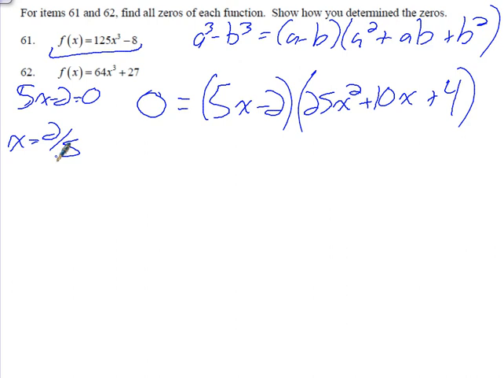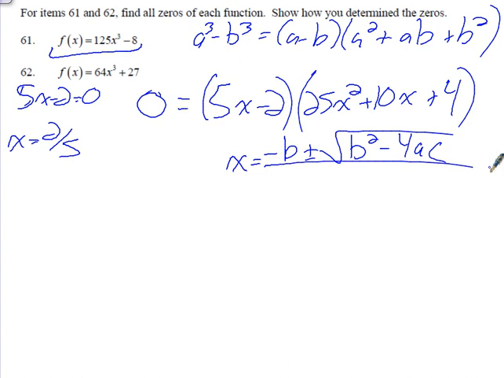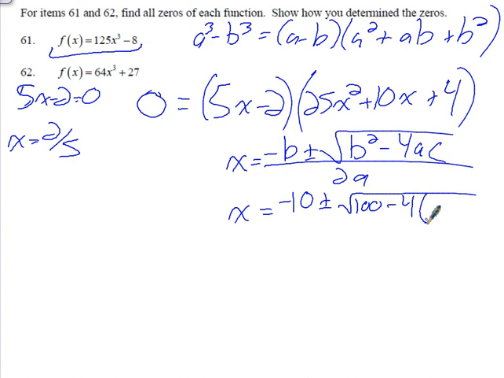So what I'm going to have to do is the quadratic formula. So I get x equals negative b plus or minus radical b squared minus 4ac all over 2a. So x equals negative 10 plus or minus the square root of 100, which is b squared, minus 4, a, which is 25, c, which is 4, all over 2a, which is going to be 50.